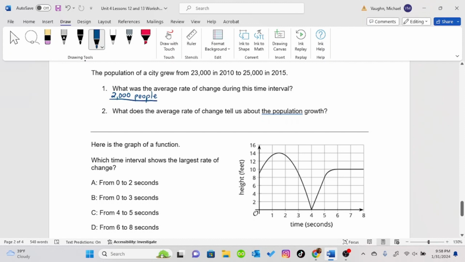And we went from 2010 to 2015. That is an increase of 5 years. 2,000 divided by 5 equals 400 people per year.